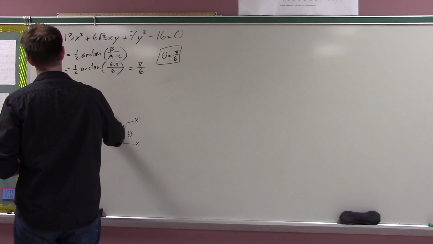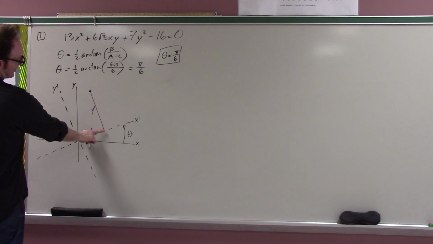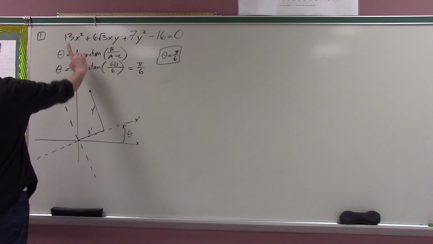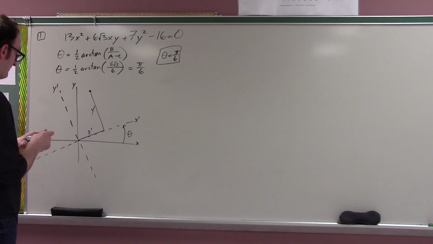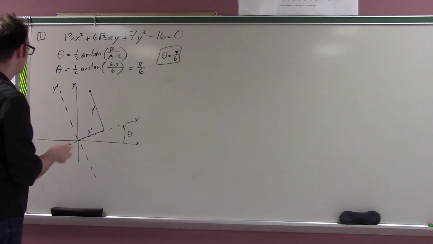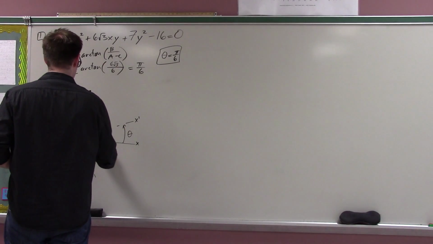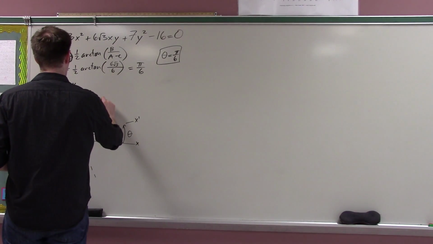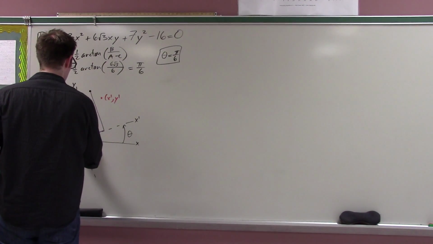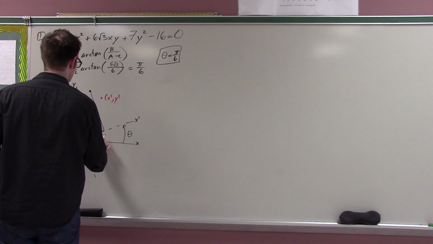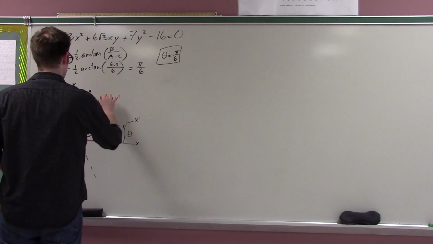So that's x prime and that's y prime. I know how much I have to go over along the x prime axis and how much I have to go up along the y prime axis. And so what I do is I plot the point x prime comma y prime with respect to the x and y axes.